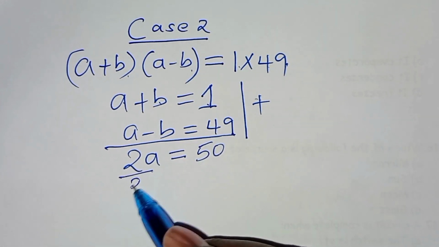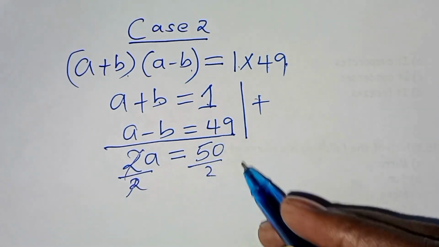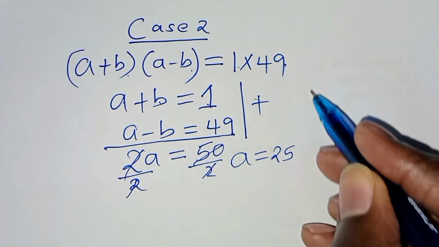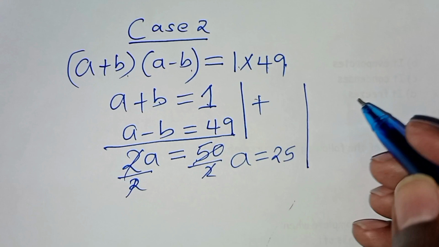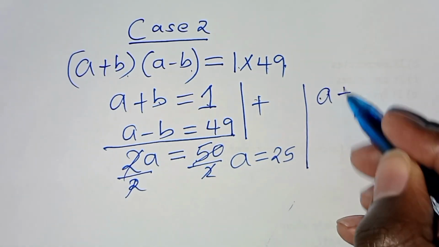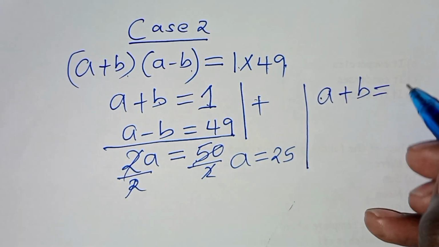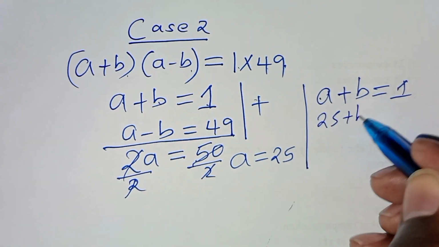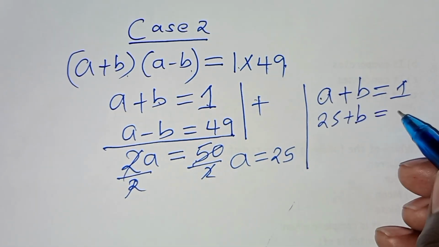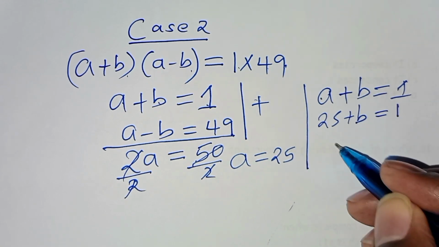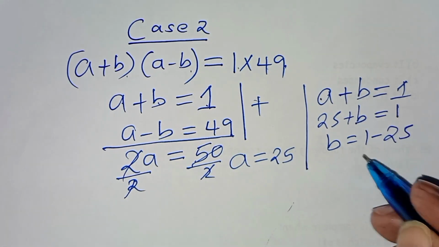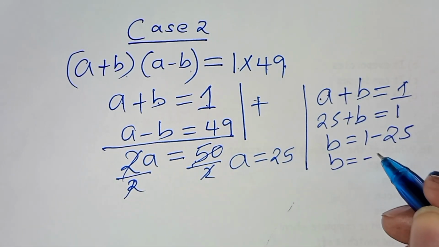Let's divide by 2, so the value of a is equal to 25. Then a plus b is equal to 1, so 25 plus b is equal to 1. So b is equal to 1 minus 25, which is equal to negative 24.